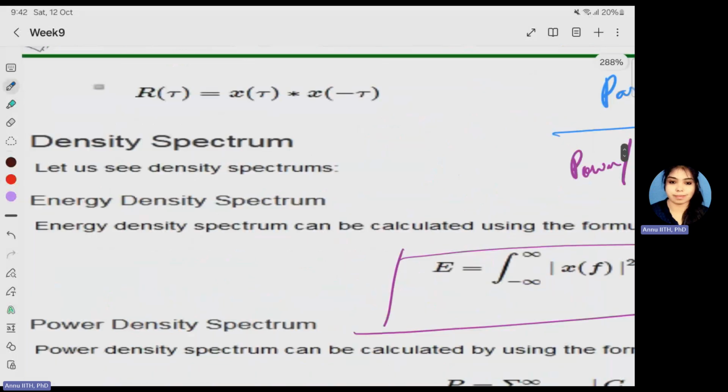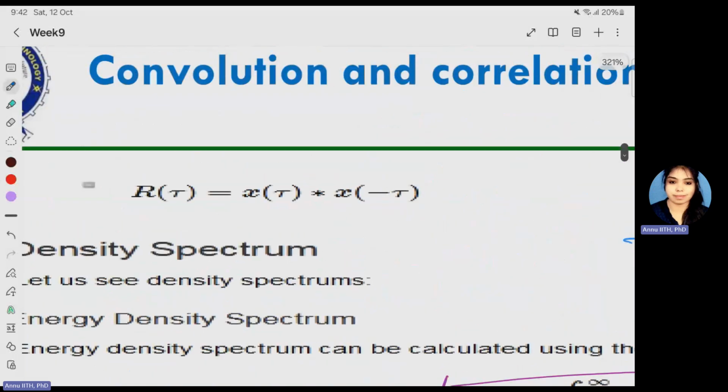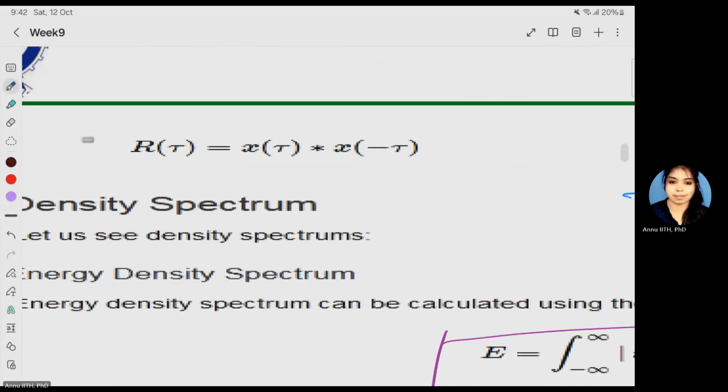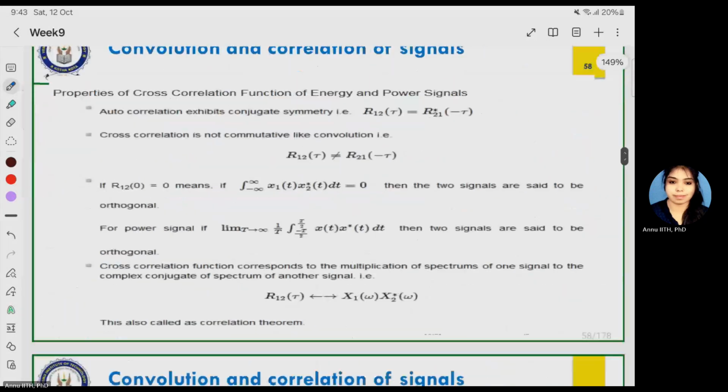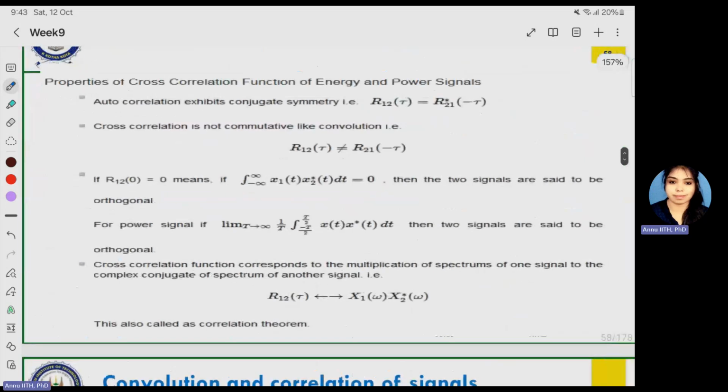And this is the correlation, which can be written R(tau). Autocorrelation can be written as a combination of x(tau) with x(minus tau). Okay. These are some properties that you may keep in mind.